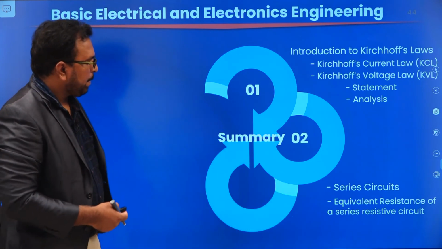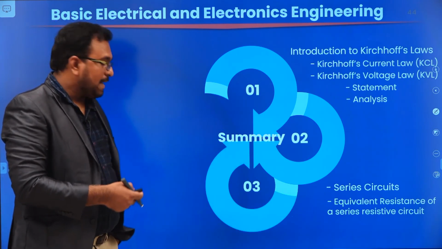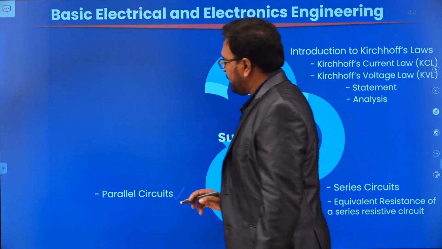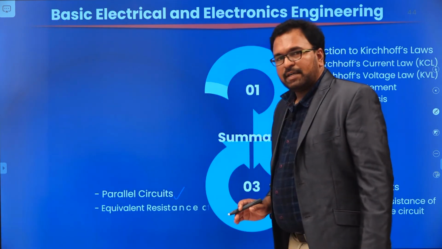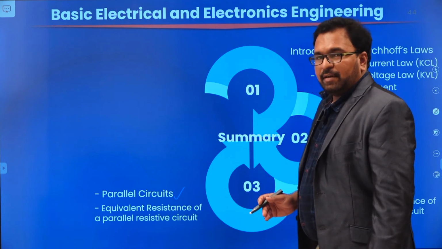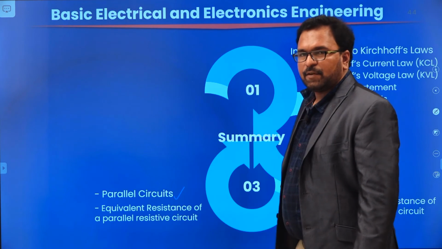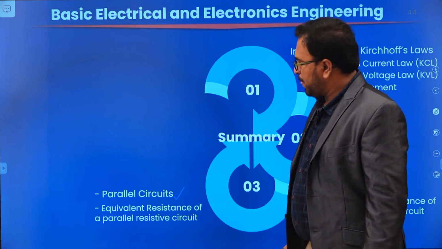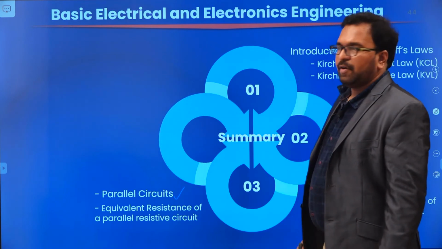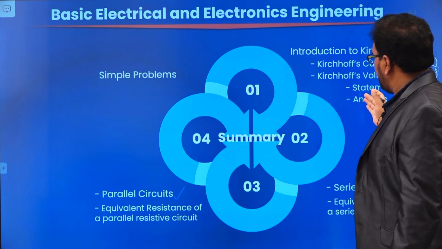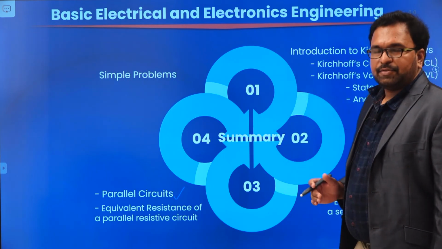Next, we discussed parallel circuits and calculated the equivalent resistance of a parallel resistive circuit, and the characteristics of parallel circuits were also discussed. And finally, we did some simple problems on KCL, KVL, and series and parallel circuits.